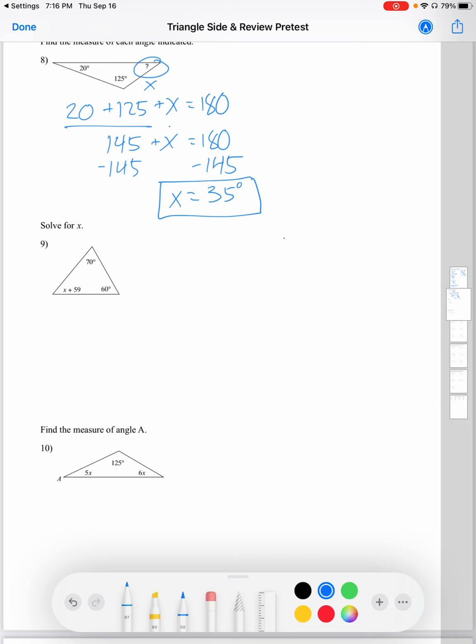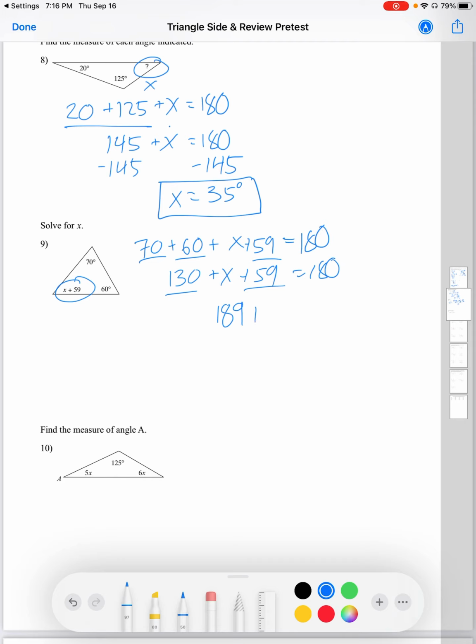Here we are solving for x, and we know all three again add up to, in a triangle, 180. Okay, so I'm going to combine my like terms. That's going to give me 130 plus x plus 59 equals 180. 130 and 59 can be added.